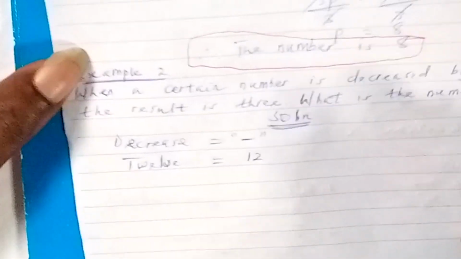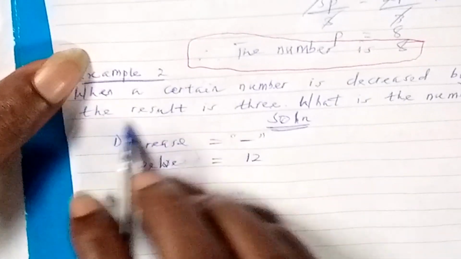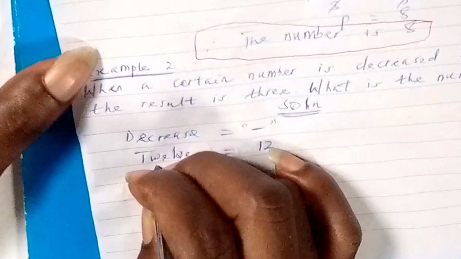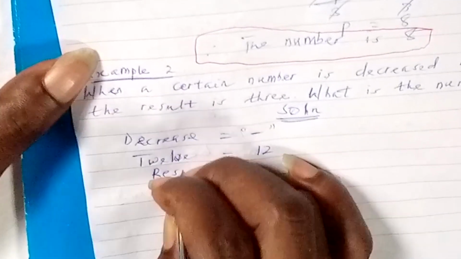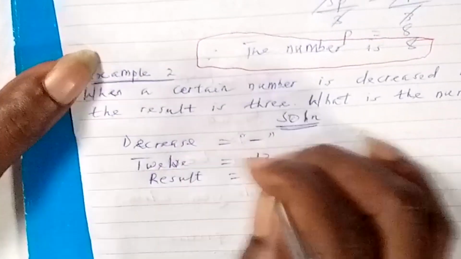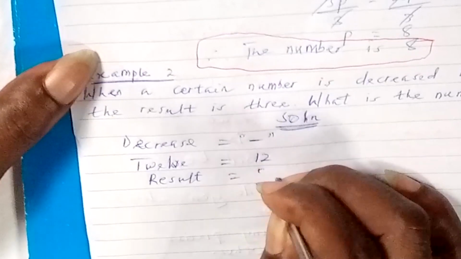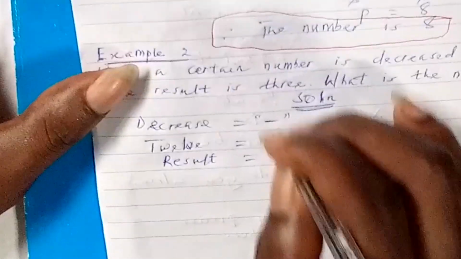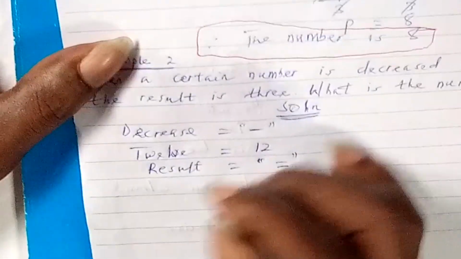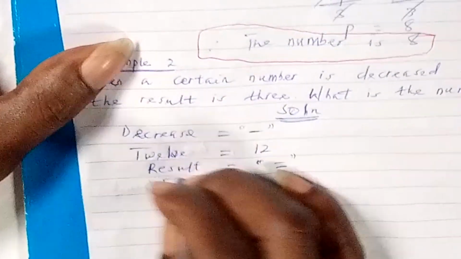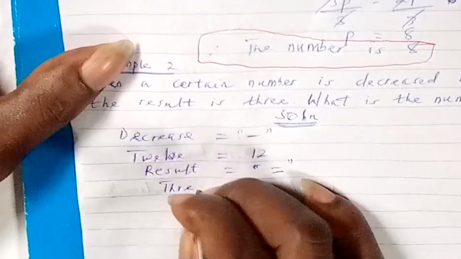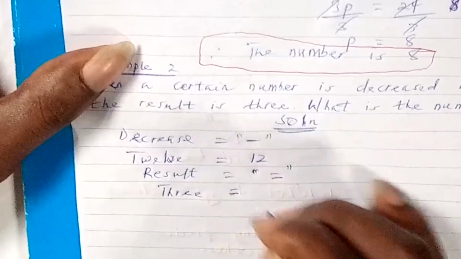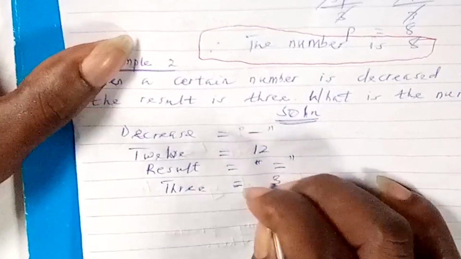Then you could see the result in mathematics means equal to, then the result, then 3, you could see 3. Remember, we do this somewhere in our rough sheet.